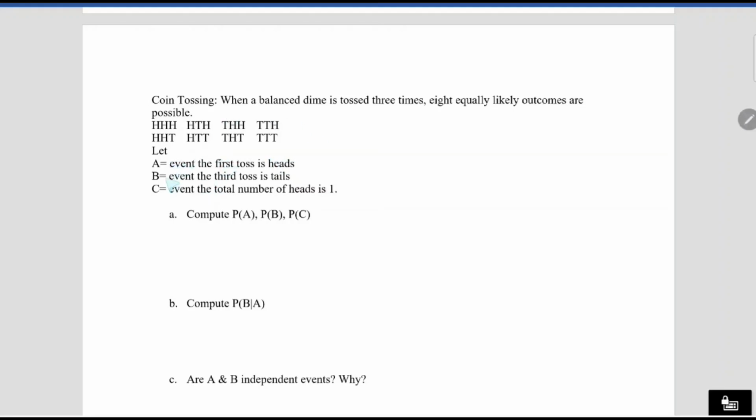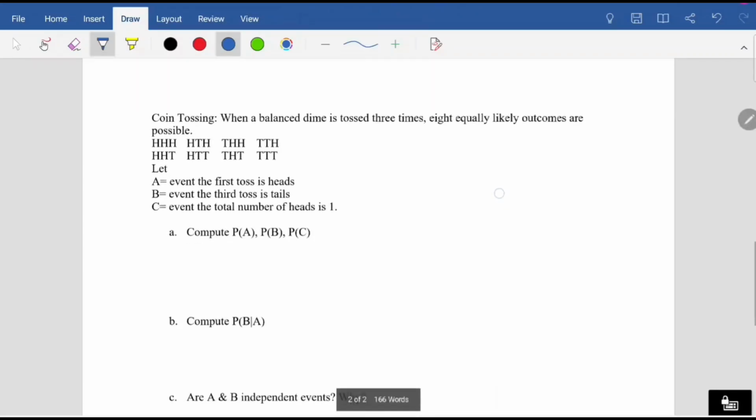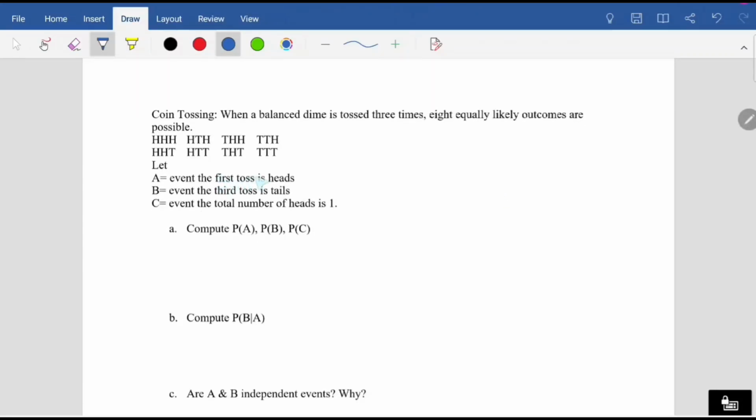And they have described 3 types of events. A is the event the first toss is heads. B is the event the third toss is tails. And then C is the event the total number of heads is 1. So let's take out the pen here first. All right, the event the first toss is heads, meaning the first toss will produce a head.